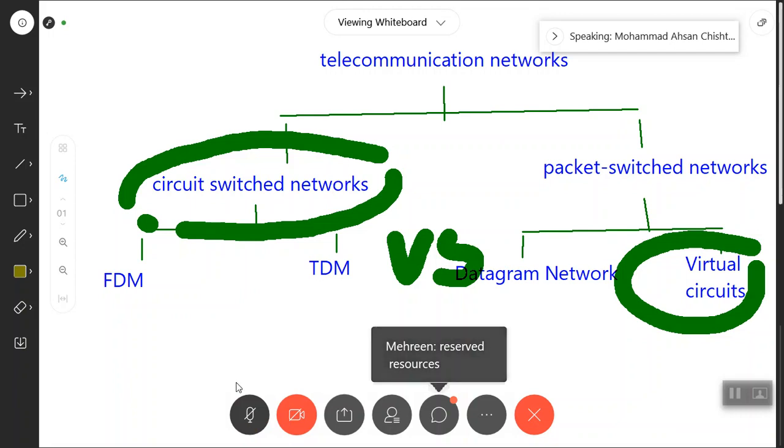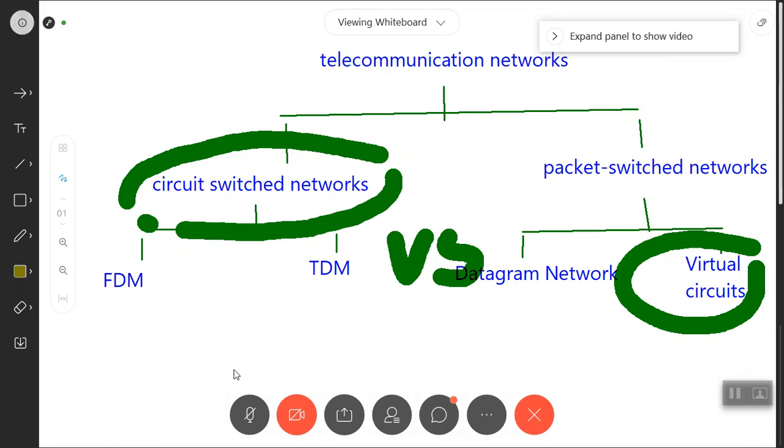All right, I'm adding this question to your assignment. But we use a dedicated path between A and B. What is a virtual circuit as such?